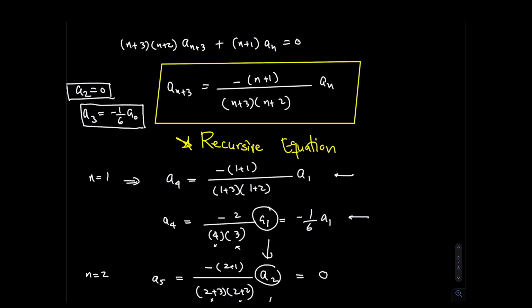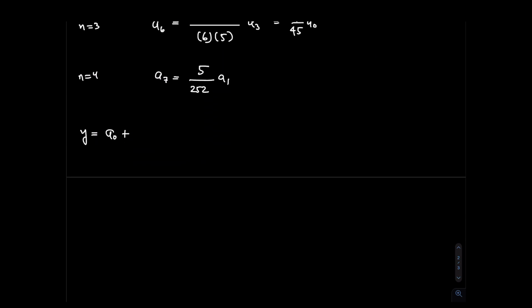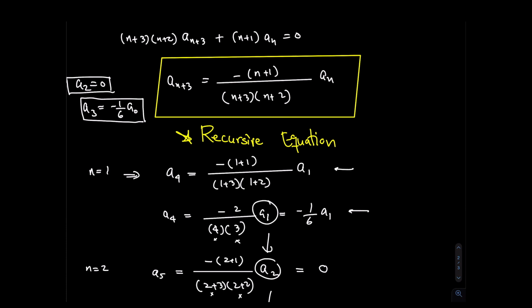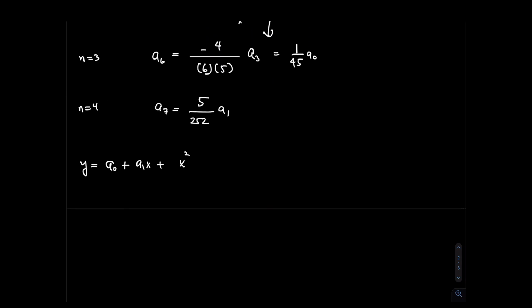So the two pillars, the two bases, basically, are A0 and A1. So A1x plus A2x squared, but what's A2? Well, A2 is 0, right there. So this becomes 0x squared.